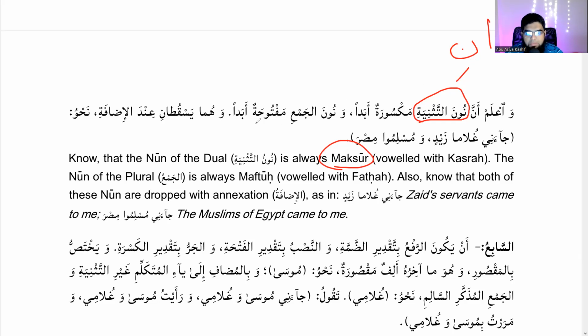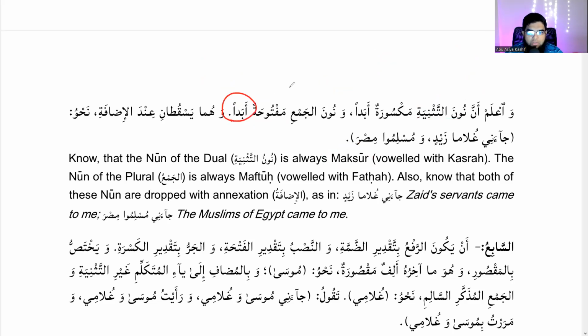And the noon of the plural is always maftuha, it will always have a fatha: una, ina. Like that. Ani, una, ina. So always the dual will have a kasra on the noon, and the plural will have a fatha.